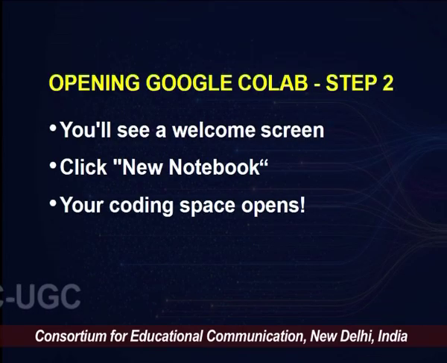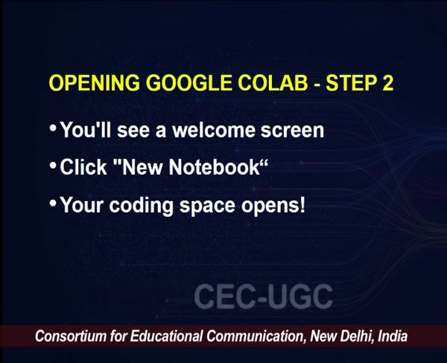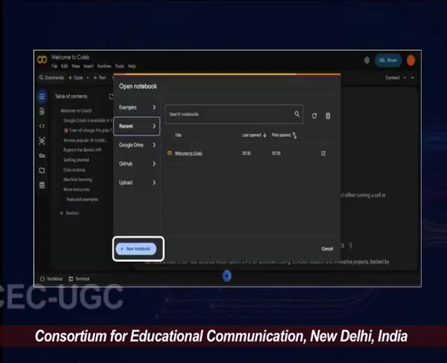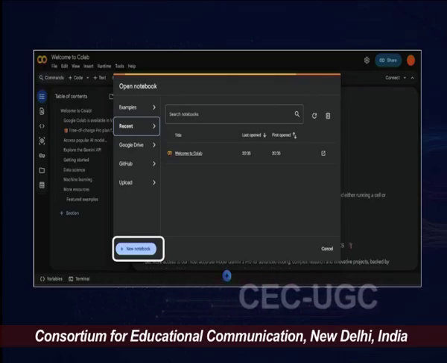So you will see a welcome screen. In that welcome screen, there is a button which says new notebook. If you hit that new notebook button, your coding space will open up. The new notebook button is shown in the white box. If you hit this button, you will get a new Google Colab workspace.